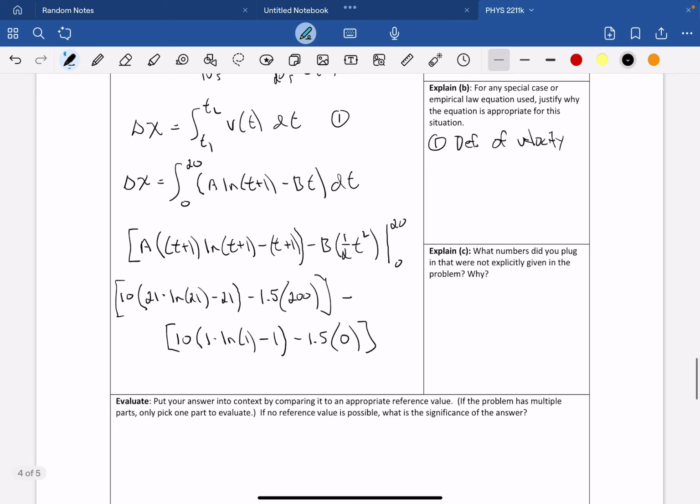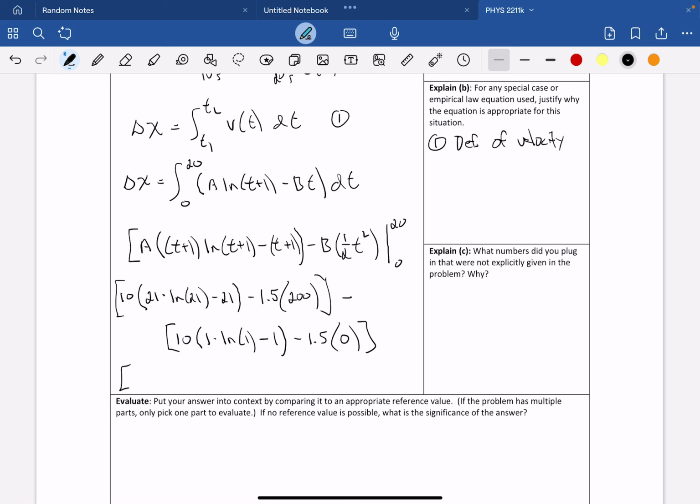Okay, so let's plug in the first one, 10 times the quantity, 21 times the natural log of 21 minus 21, close parentheses, minus 1.5 times 200.